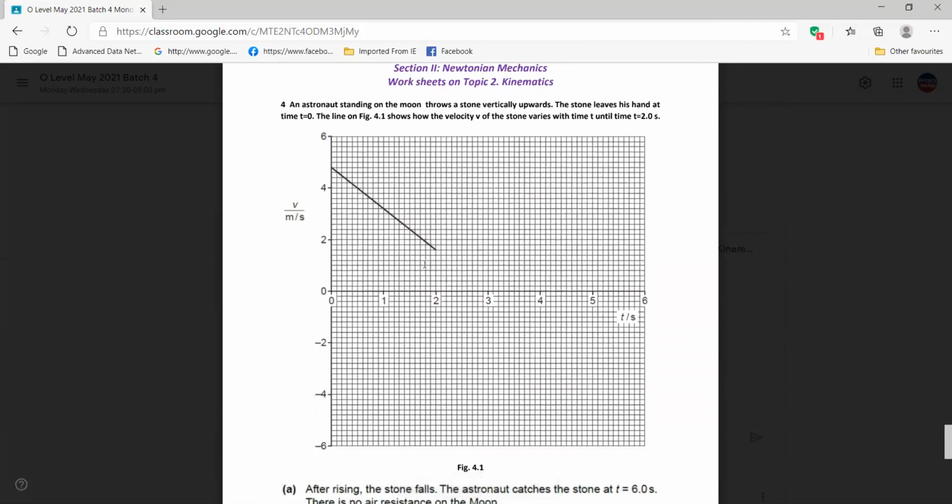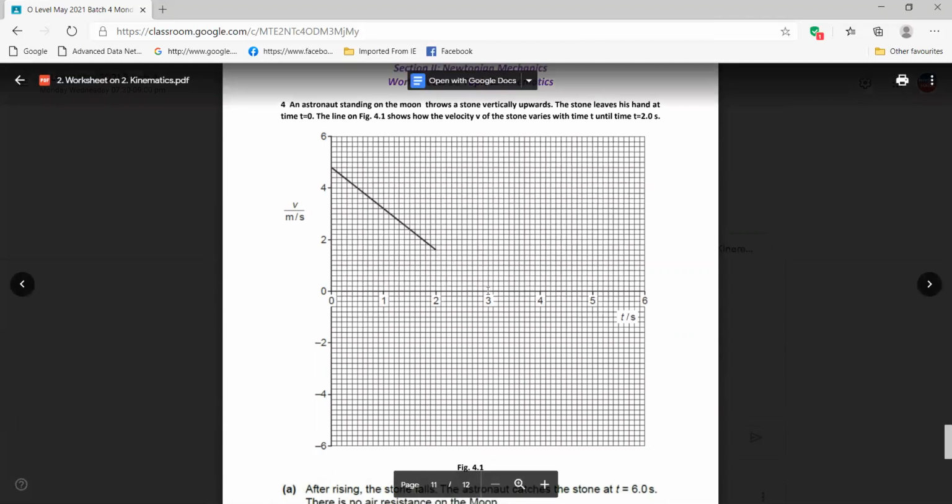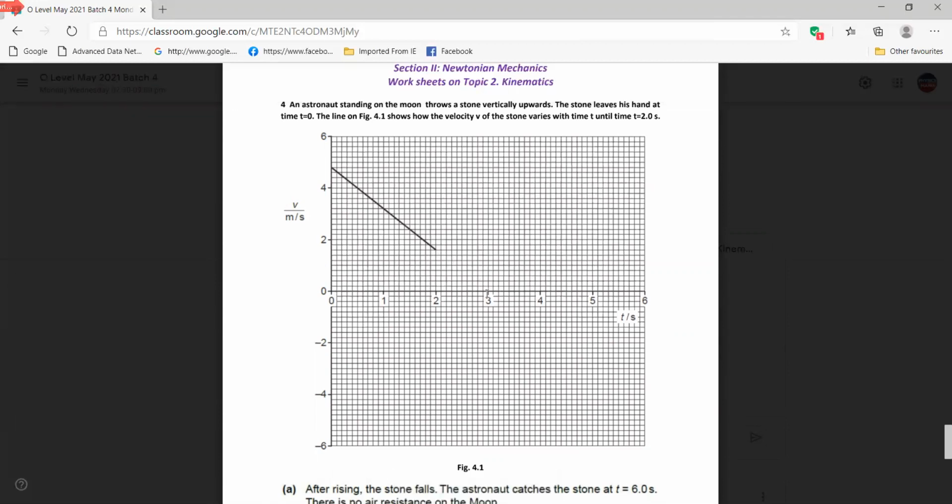Yes, sir. So here, if you continue the graph, you will see that the graph is cutting the x-axis at 3 seconds. At 3 seconds, the velocity is 0. That means the stone reached maximum height where the velocity is 0.